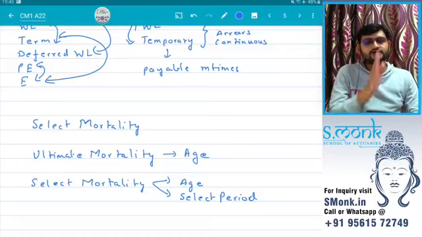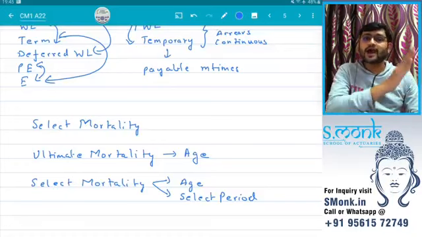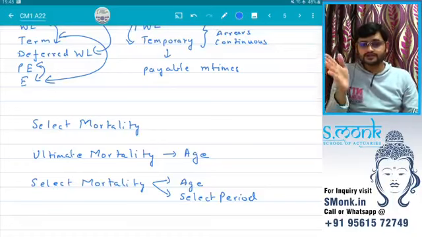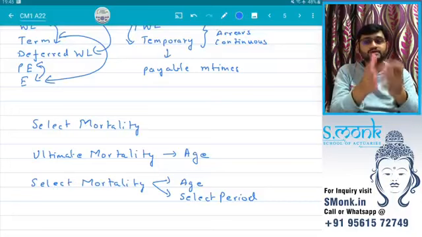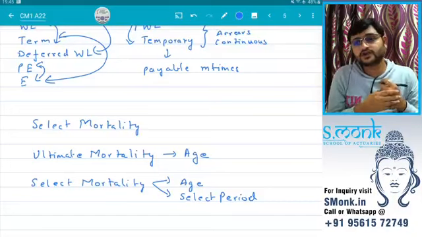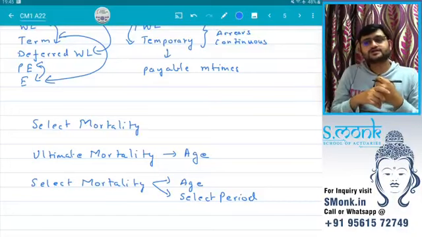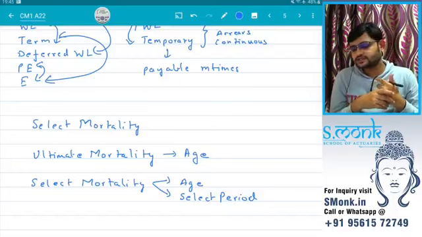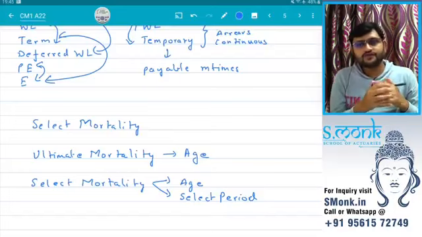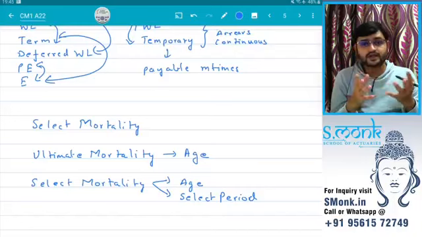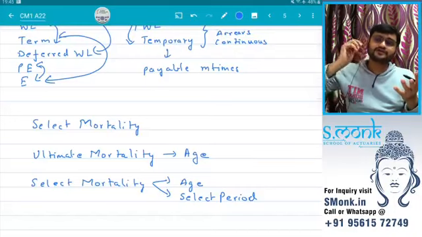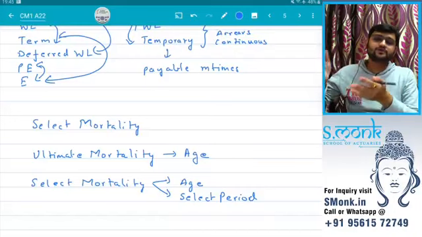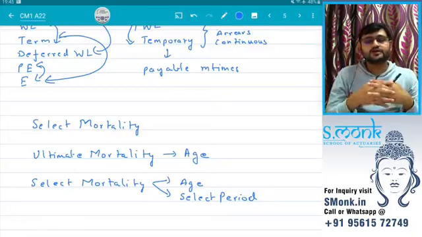Third category, the person who has certain diseases right now, especially sugar, BP. These are very common diseases nowadays. After a certain age, these diseases are affecting almost everyone. And right now, sugar, BP, these kinds of things are affecting even people of age 20, 25, 30.